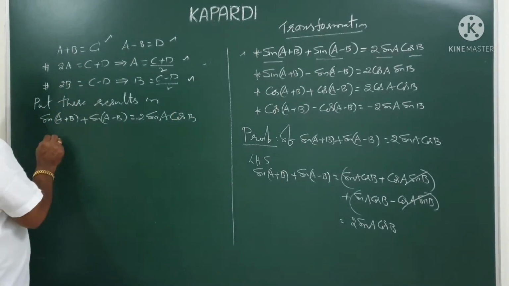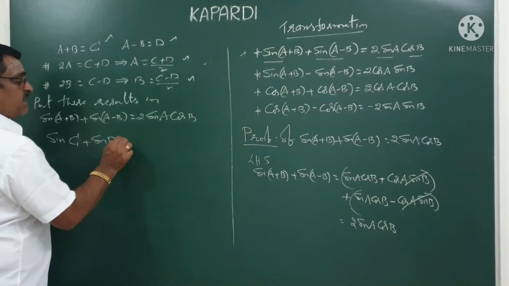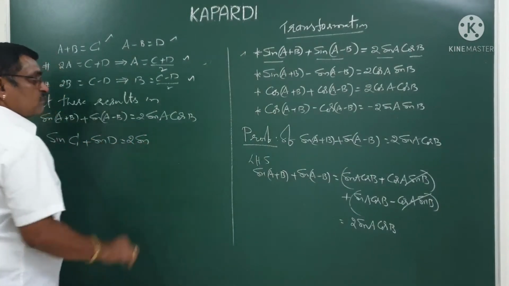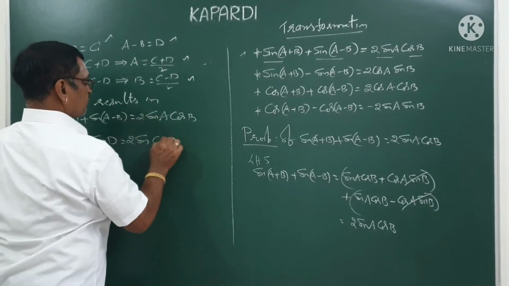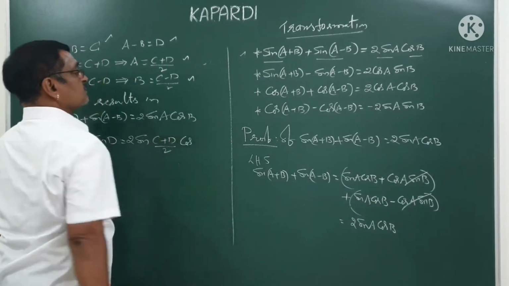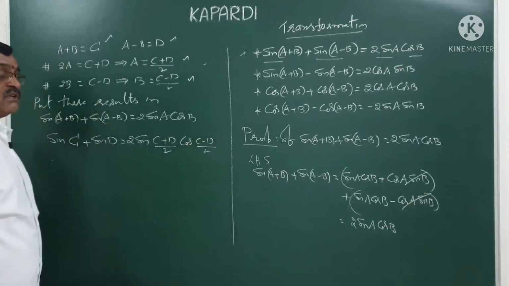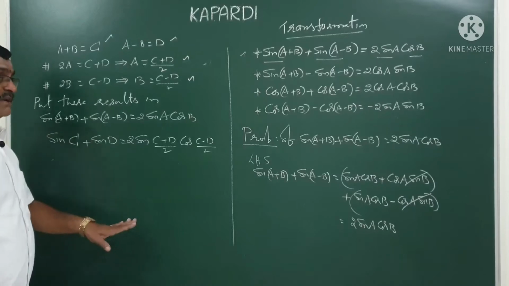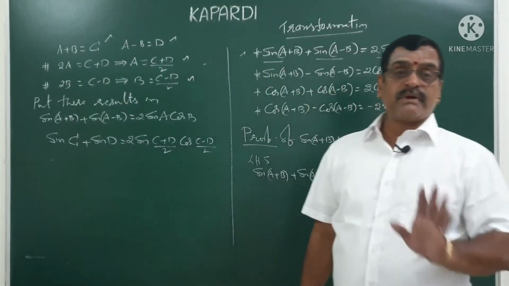This is sin c plus sin d is equal to 2 sin of a, which we got as c plus d by 2, cos of b, which is nothing but c minus d by 2. So this is the famous sin c plus sin d is equal to 2 sin of c plus d by 2 cos of c minus d by 2.